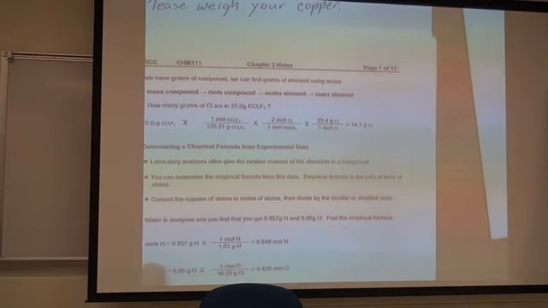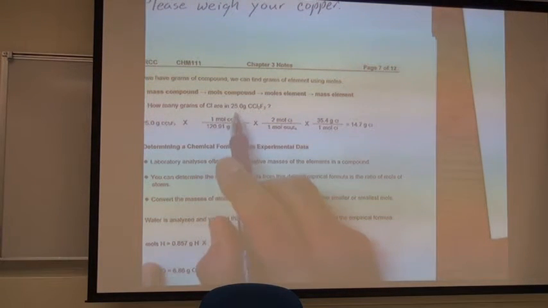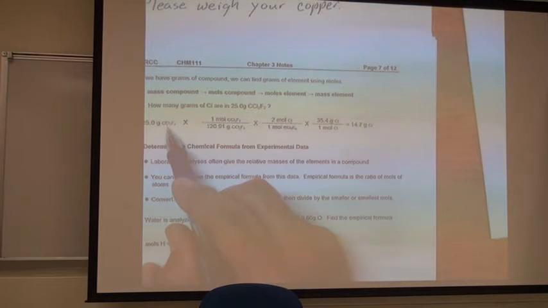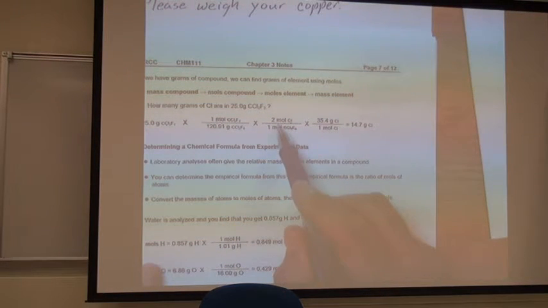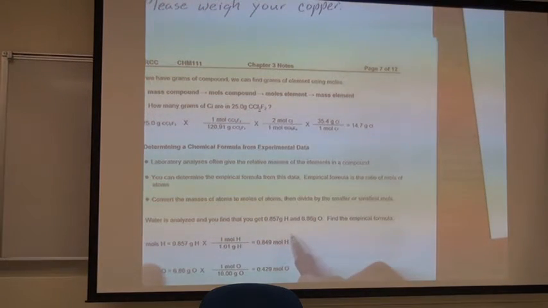How many grams of chlorine are in 25 grams of freon? So 25 grams of freon. What I do right here is get moles of freon. And then here, I say there are 2 moles of chlorine per mole of freon. Where do I get that? Right there, that 2.